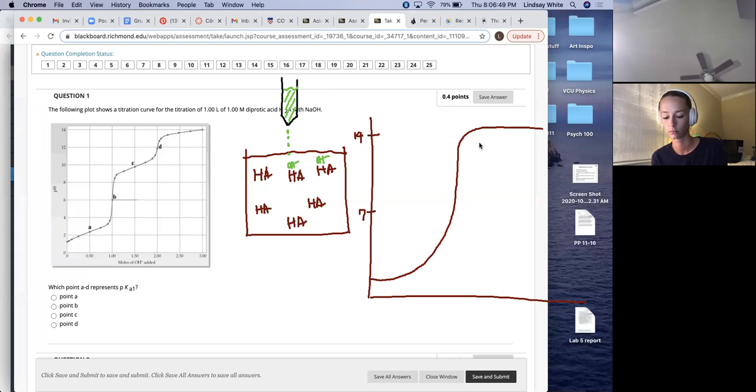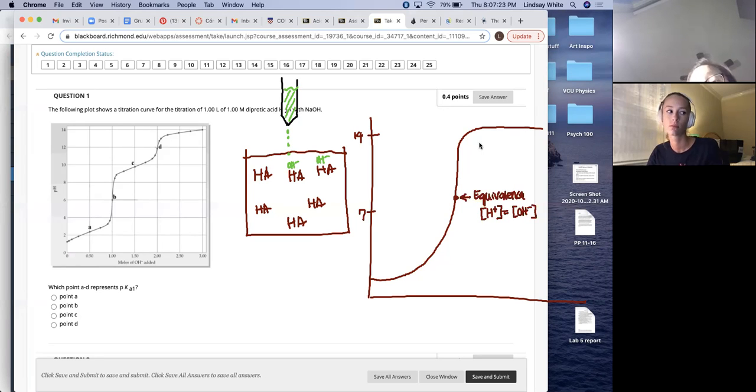And if you look at a titration curve, remember the inflection point, the point where the slope changes? The point where the slope changes is going to be called the equivalence point. Equivalence point means when the concentration of protons equals the concentration of hydroxide.